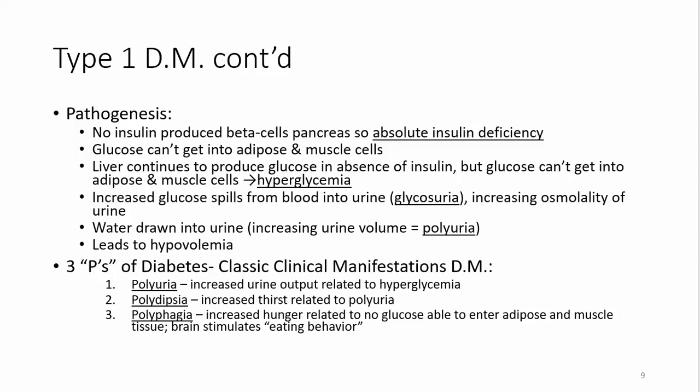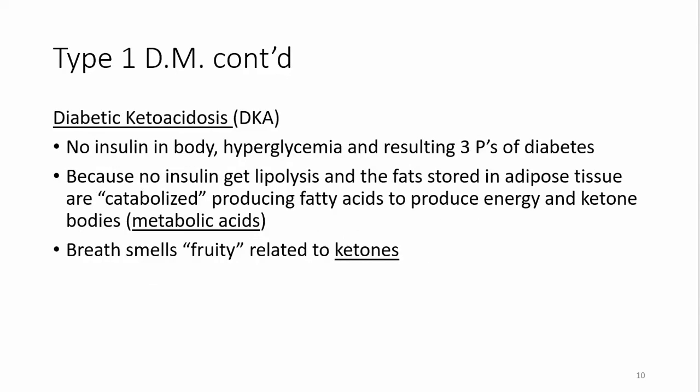So your eating goes up. That's called polyphagia. So polyuria, polydipsia, polyphagia. Pees a lot, drinks a lot, eats a lot. And then we see high blood sugar levels, right? So we end up with this hyperglycemia. And that's really what's causing the 3 Ps.